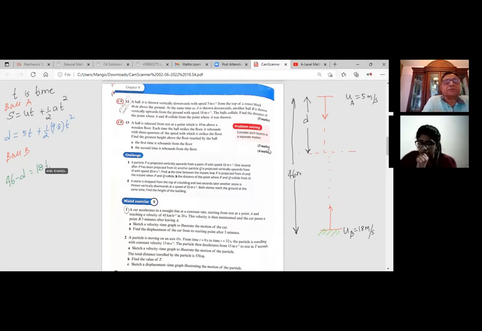Now, acting downwards is the gravitational force, so minus half of g t squared. Does it make sense to you? I have taken upward velocity as positive for this case. Distance, remember, is a scalar quantity.